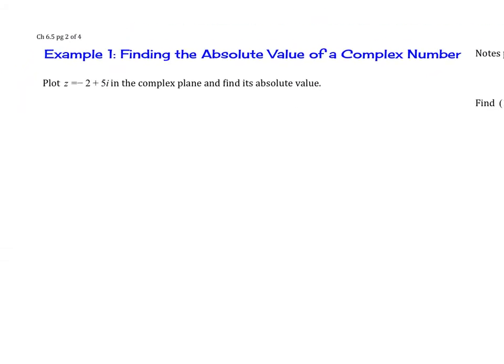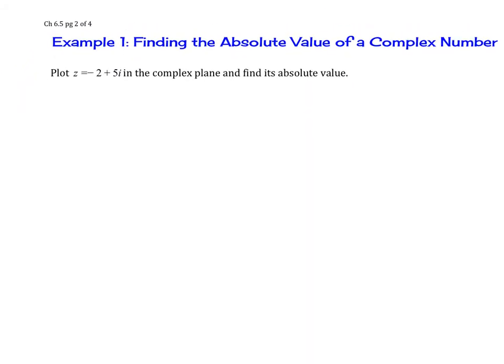So example 1, we're finding the absolute value of a complex number. Basically, we're finding out how far it is from the origin. So plot z equals -2 plus 5i in the complex plane and find its absolute value. So that should be really fast. Remember that the x-axis is the real part, and the y-axis is the imaginary.